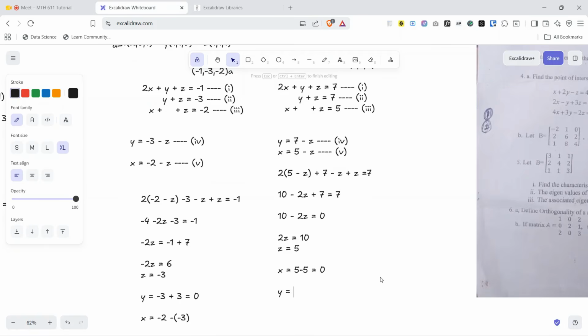And y will be 7 minus 5, which equals 2. So in this case, x equals 0, y equals 2, z equals 5. So that's the second one.